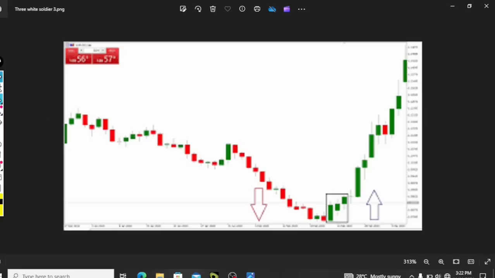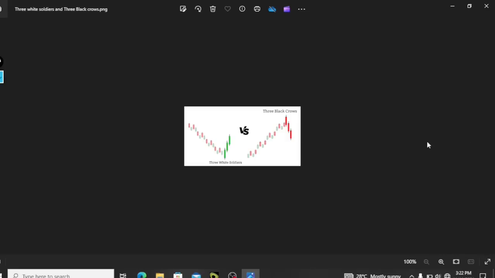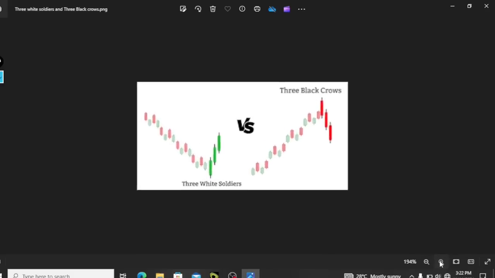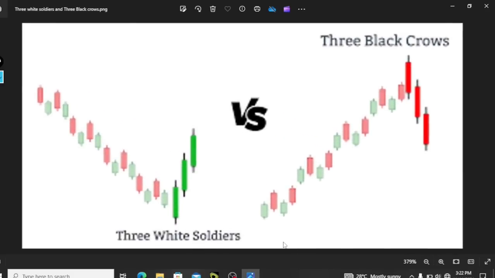All right, so now let's emphasize the two setups again. On my left here, I have the three white soldiers, which is used to go long, and then the opposite is three black crows. So we have talked about the three white soldiers. Now let's talk about the three black crows. So you see both of them are alike.